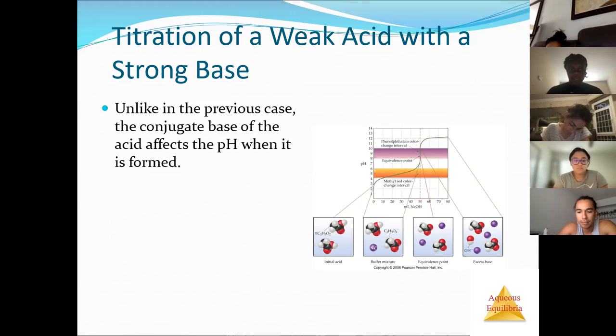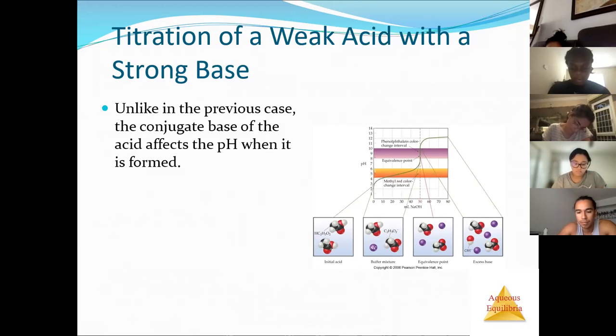But like the strong acid, when I get close to using up all of the weak acid, at that point I'm just adding base, and I get the pH of just the base.